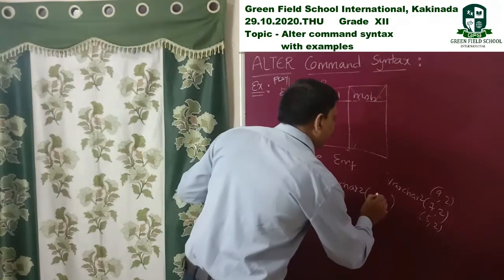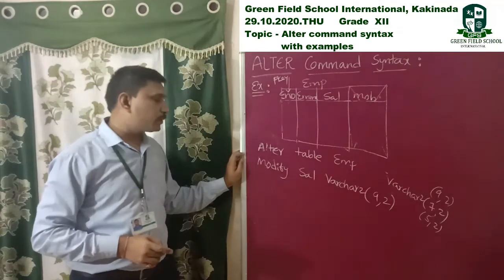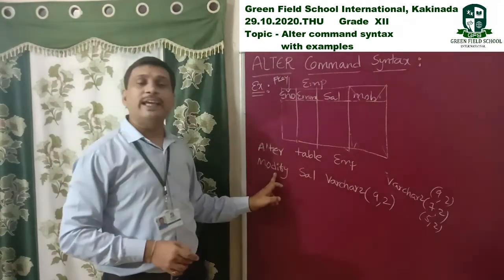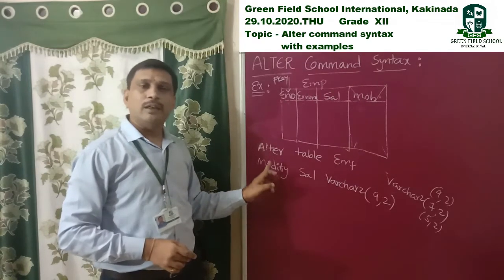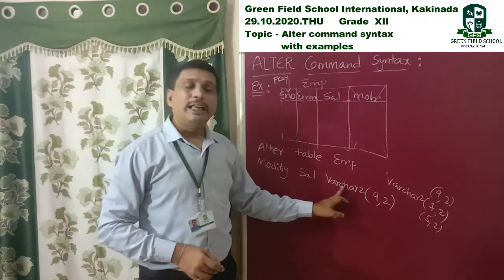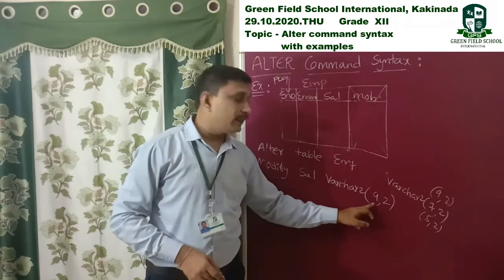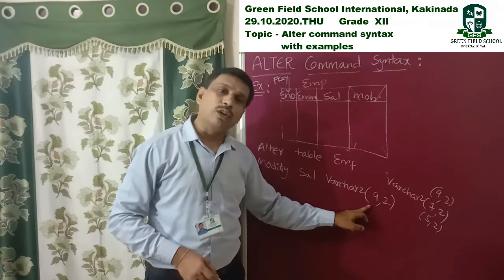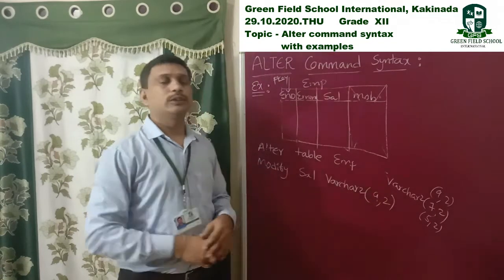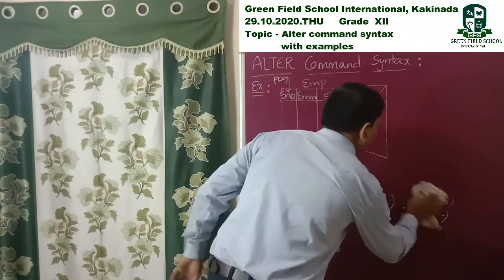Suppose I want to change 7, 2 to 9, 2. That's why I specify alter table name with the modify option: modify table name, sal, data type varchar2. Here my interest is to change 7, 2 to 9, 2, so I specify 9, 2. Then here I write a semicolon.